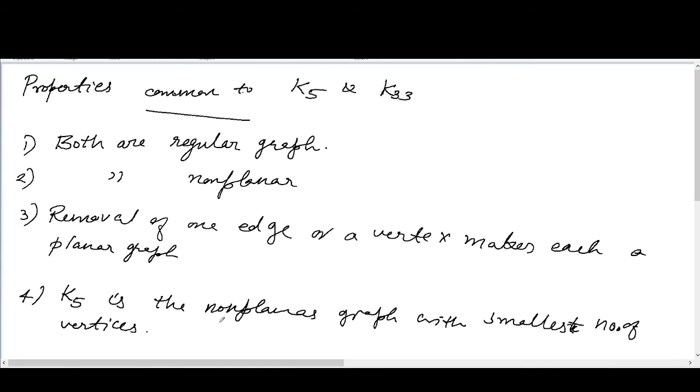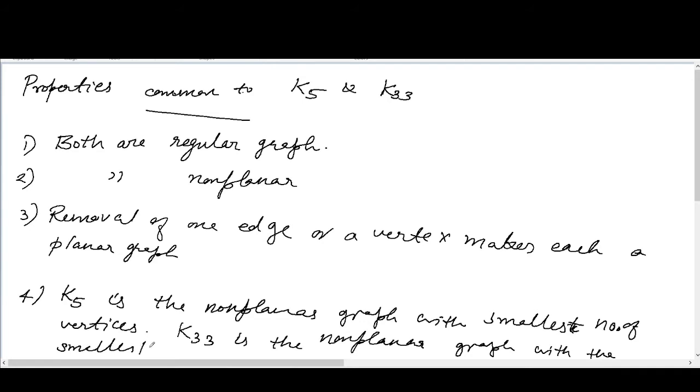Kuratowski's second graph, that means K33, is the non-planar graph with the smallest number of edges.